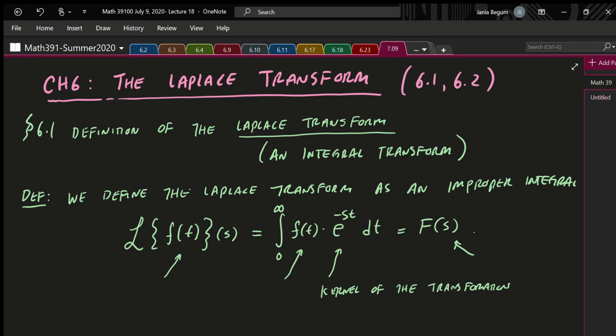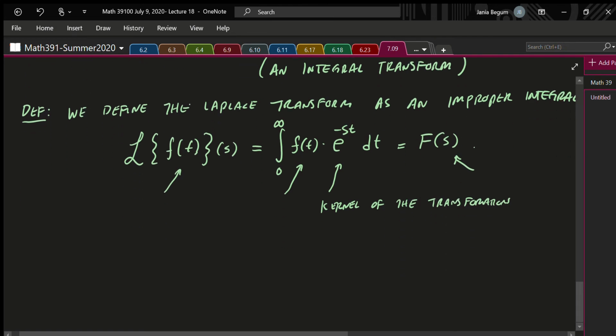So what's so nice about this tool? Well, this is a very nice operator. It's a linear operator. The cool thing about the Laplace transform, LT for short, is that it is a linear operator.